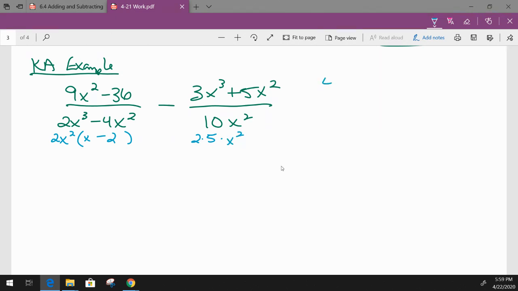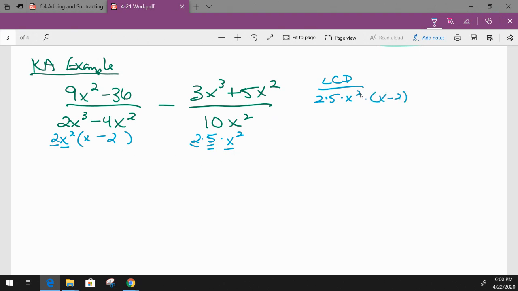So now my least common denominator of these two original equations would have to have a 2. There's a 2 in both of them. It will have to have a 5, because this one has a 5. It has to have an x squared, because they both have an x squared, but it also has to have a factor of x minus 2.